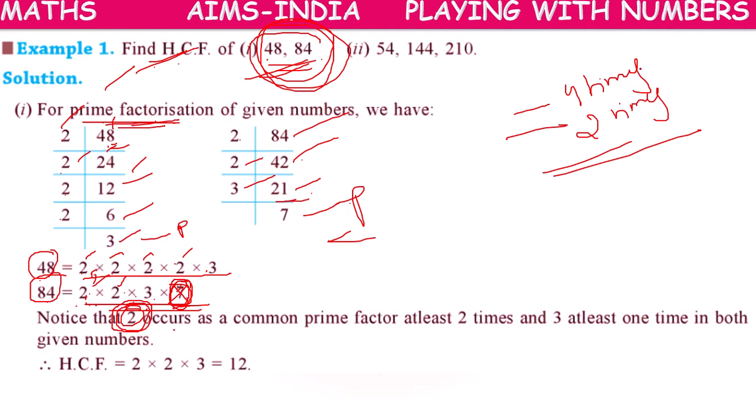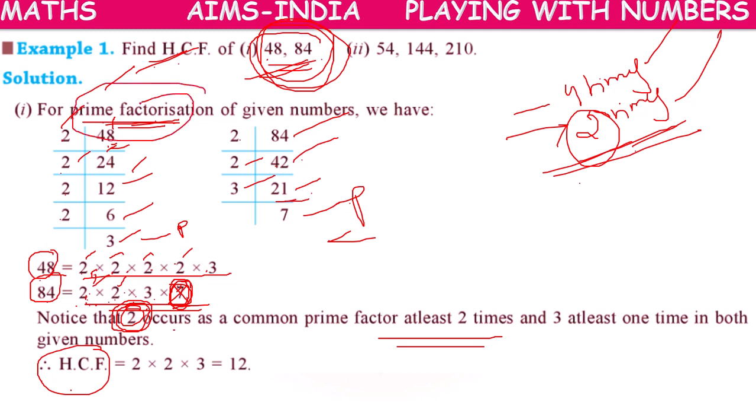But 2 appeared 4 times in one number and 2 times in another number. We have to take the least number of times, meaning at least 2 times it appeared in both. So for calculating HCF, we have to take that least number of times. So first we do prime factorization.